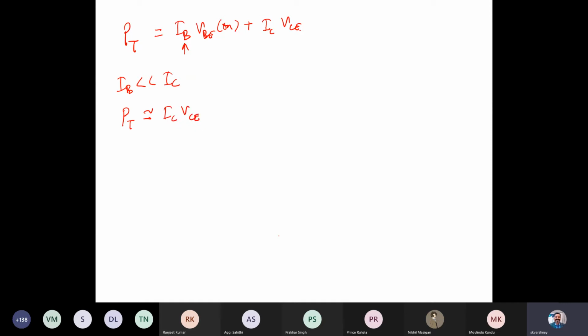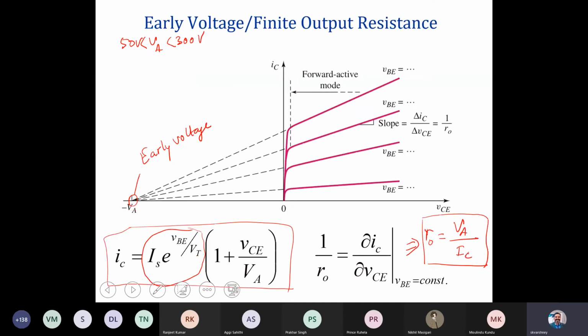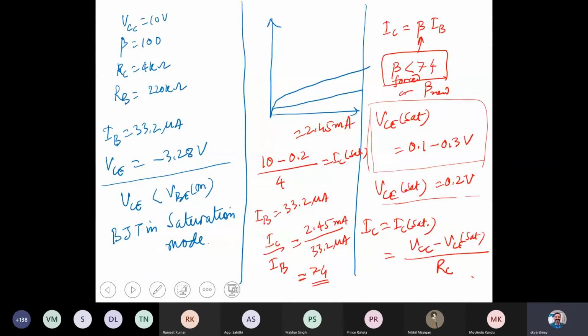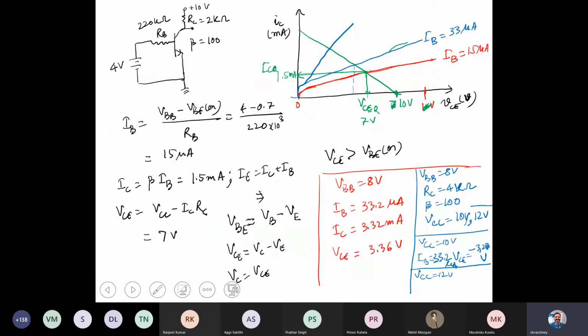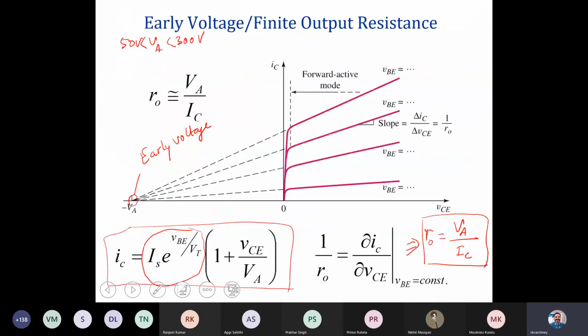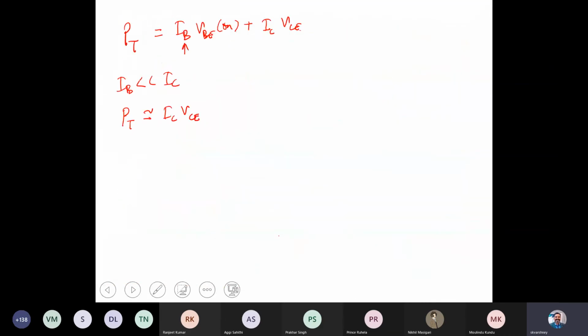So if I do this for any circuit, let's say this is not for the saturation mode one, but another where you got 7 volt, let's say VCE, and IC was 1.5 milliampere. So we can get the power that is going to be dissipated in the transistor, right?